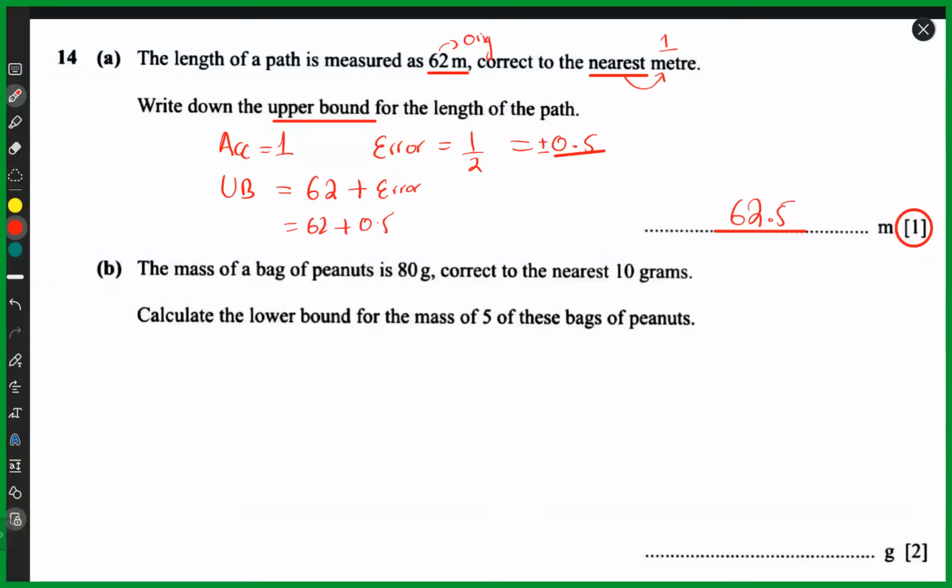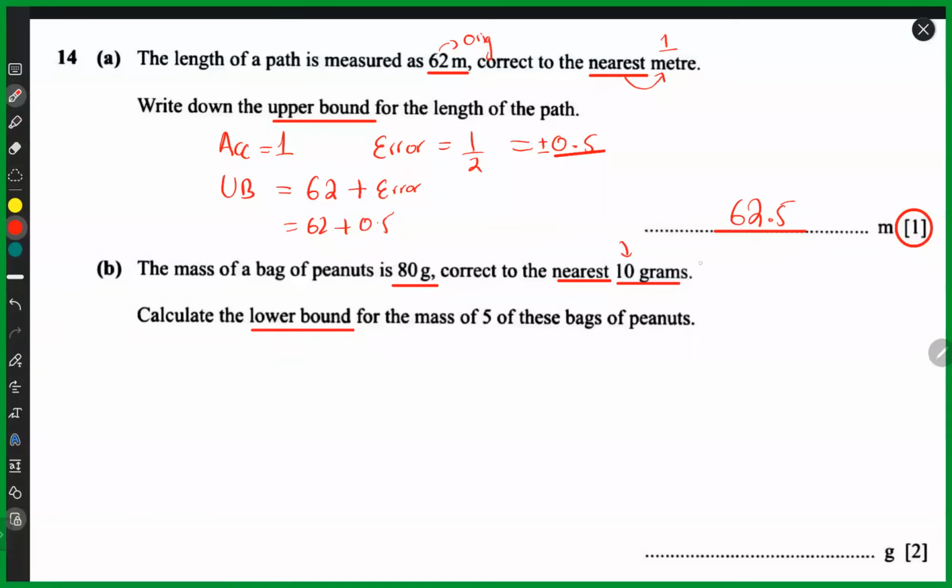Okay, the next part. The mass of a bag of peanuts is 80 grams. Okay. Original. Correct to the nearest 10 grams. This is your accuracy. Calculate the lower bound for the mass of 5 of these bags of peanuts. Okay.